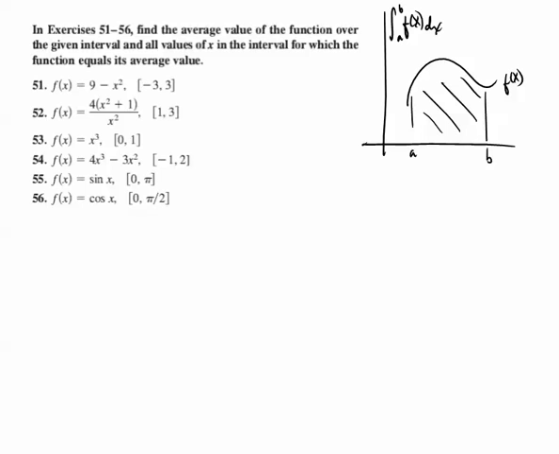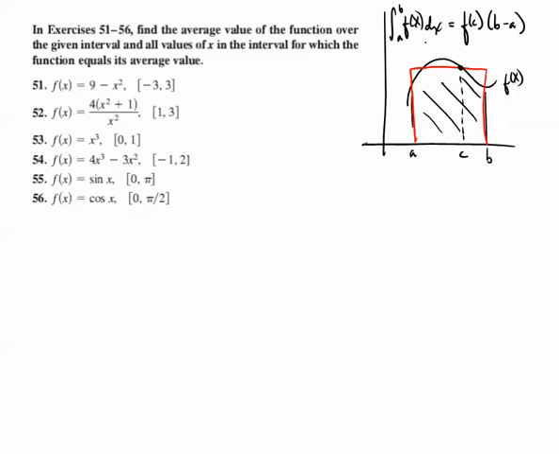And we've seen in the previous examples that there is some height that forms a rectangle with the same base as the area between the curve and the x-axis, and that is f of c times b minus a, where c is an x value.